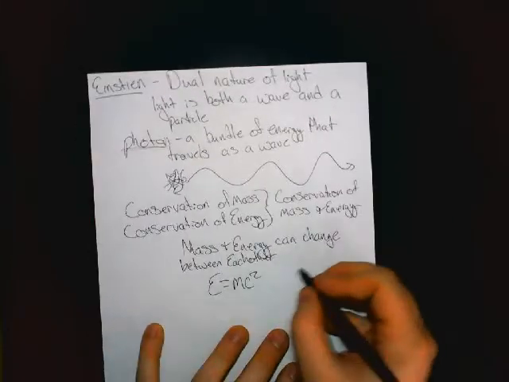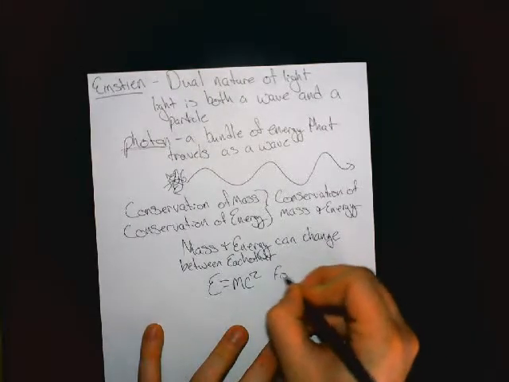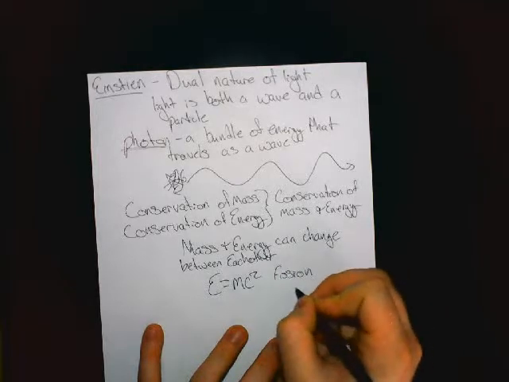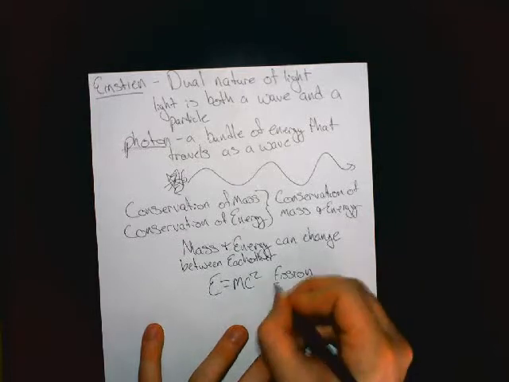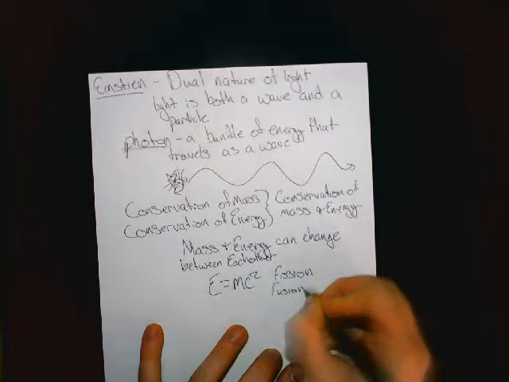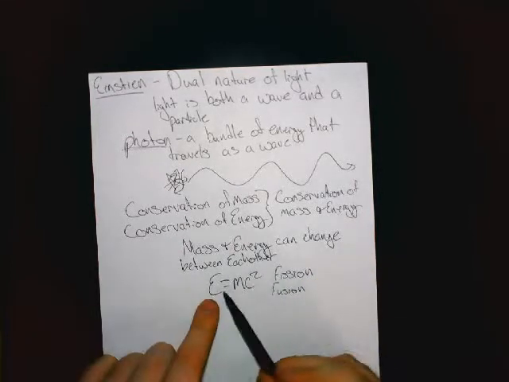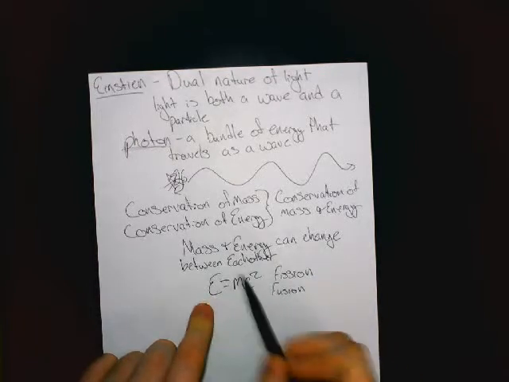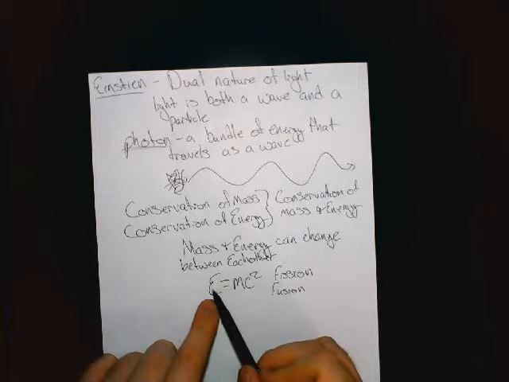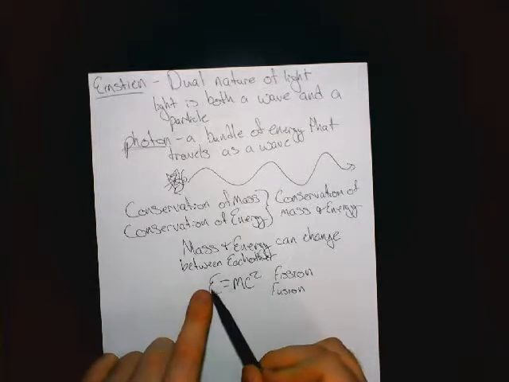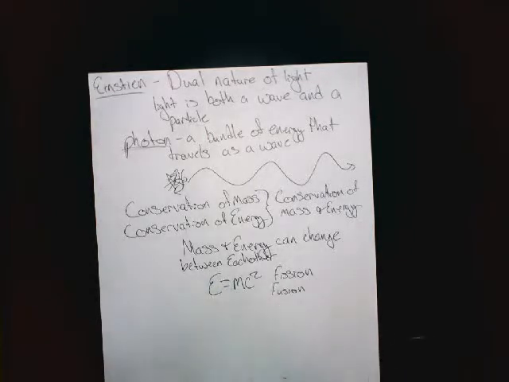This is an equation used for situations like fission, nuclear bombs, radioactive decay, nuclear power plants, and fusion, the sun. All right? So fission and fusion operate under this equation, this relationship, that shows how energy transfers to mass, how mass changes into energy. Okay?